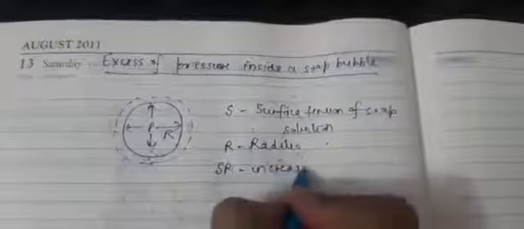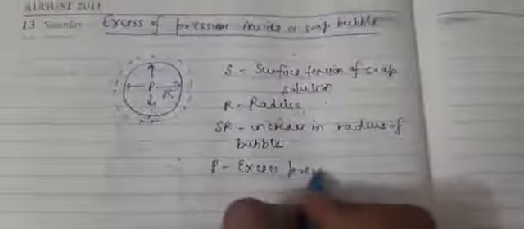R is the radius of the soap bubble, and del R is the increase in radius of the soap bubble, and P is the excess pressure inside the soap bubble.